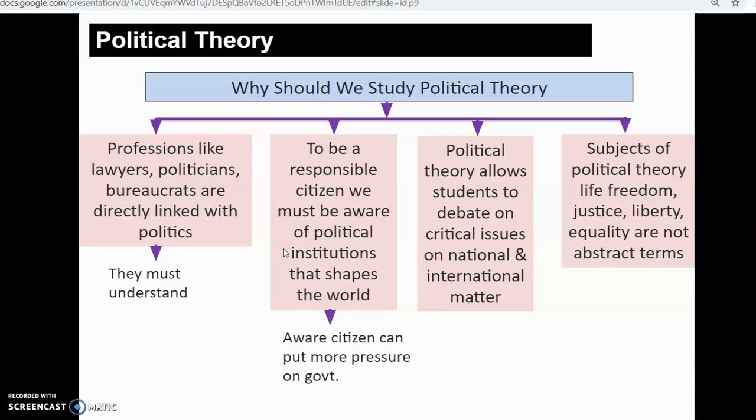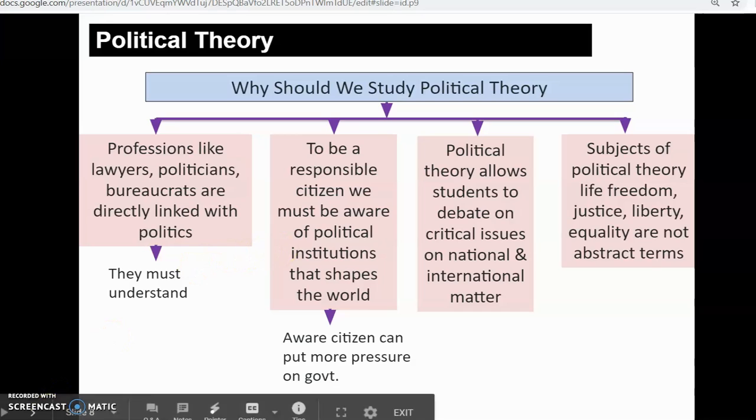Many people think that social science or political science is just a static subject. No, it is not. It is a most dynamic subject, because as society changes, the dimension or the interpretation of these subjective issues changes, right? We will study this in more detail when we talk about what we are going to study in political theory, right?